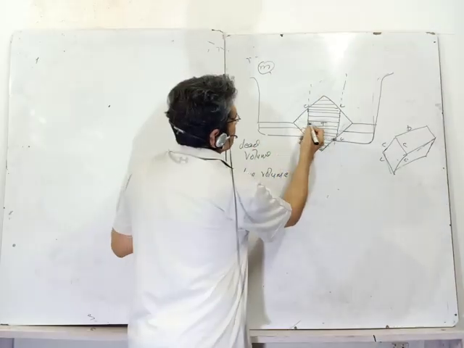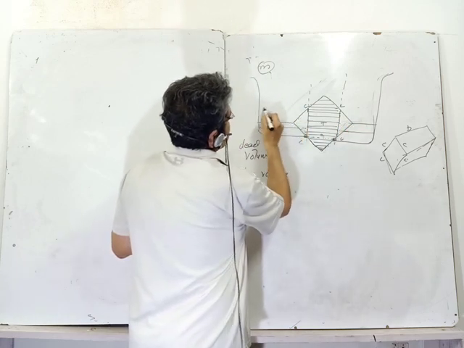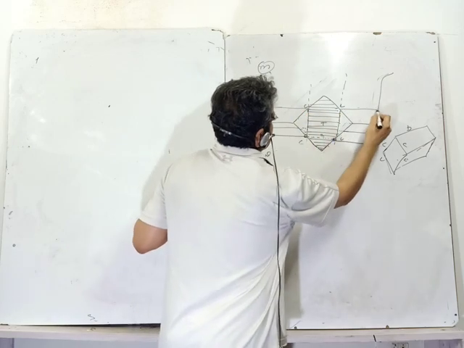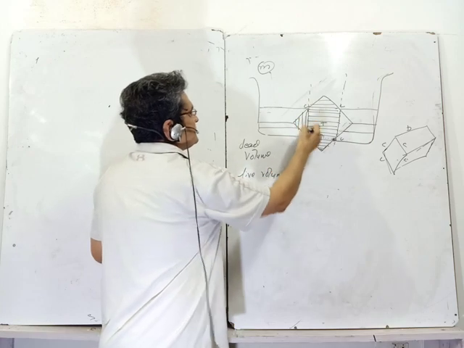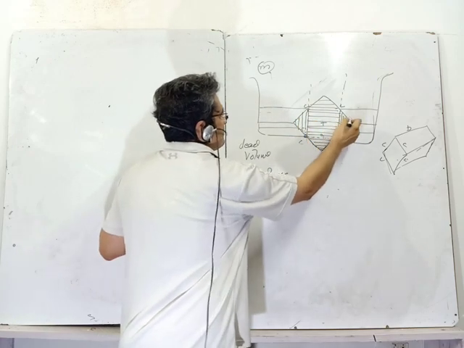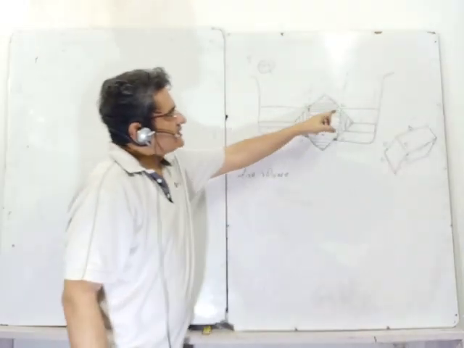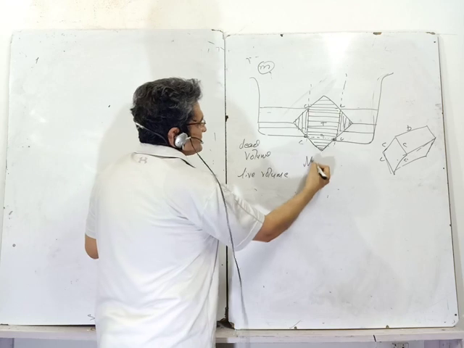I keep on increasing and reach this point. At this point, I have exhausted the entire volume which can give me the upthrust. So it is at this point I get maximum upthrust.